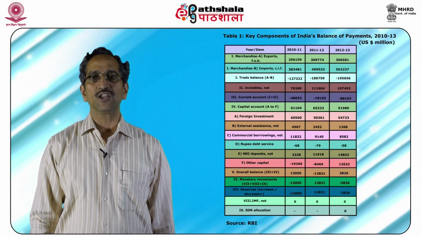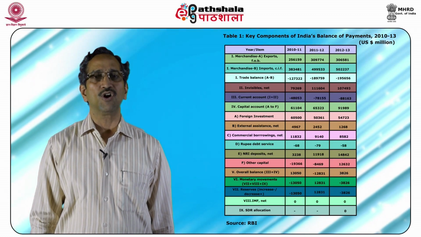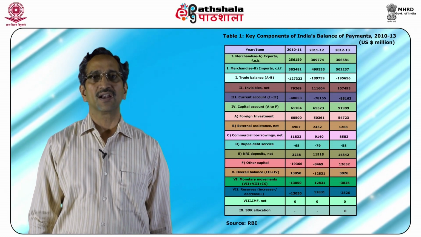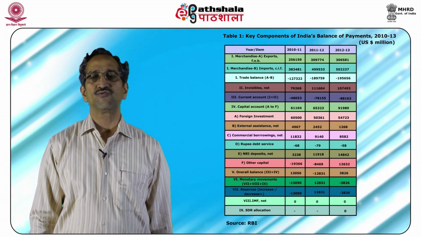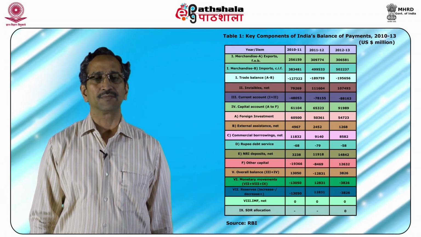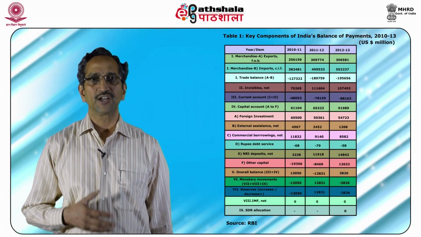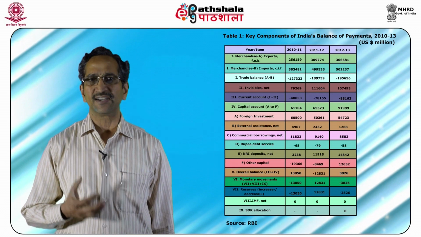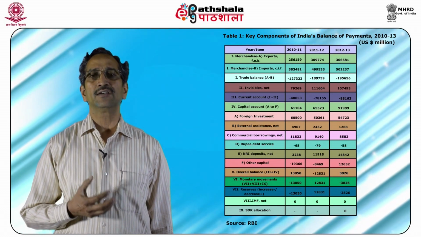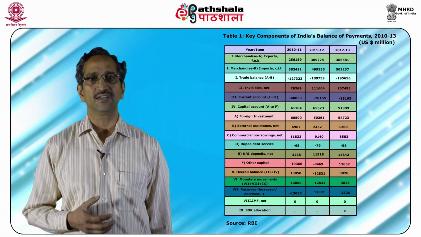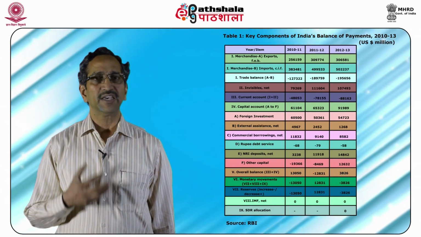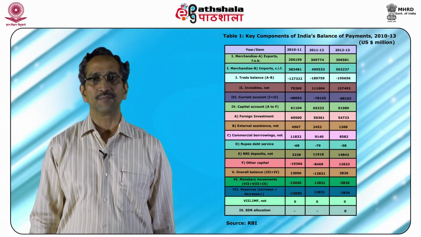The overall balance of payments is the sum of current and capital account, which is item 5 in our table 1. As we can see from this table, it is positive in the year 2010-11 and in year 2012-13, while it is negative in year 2011-12.